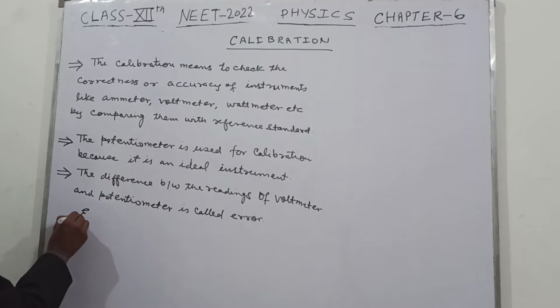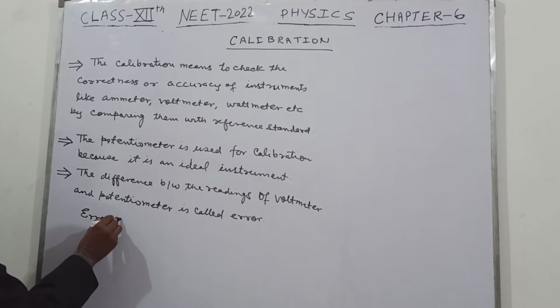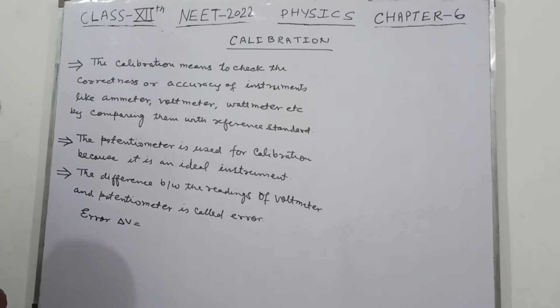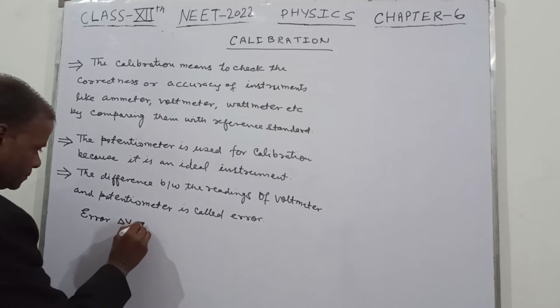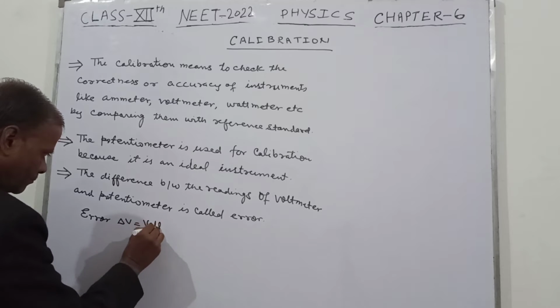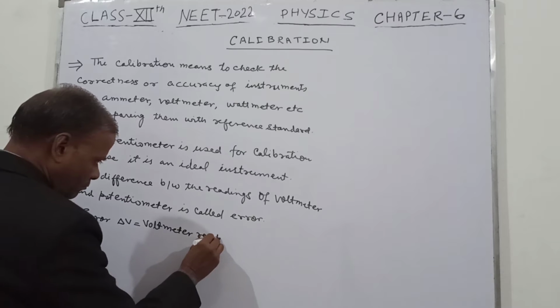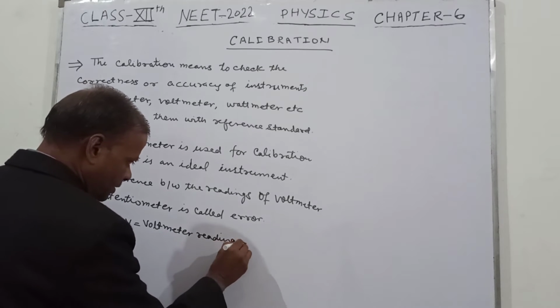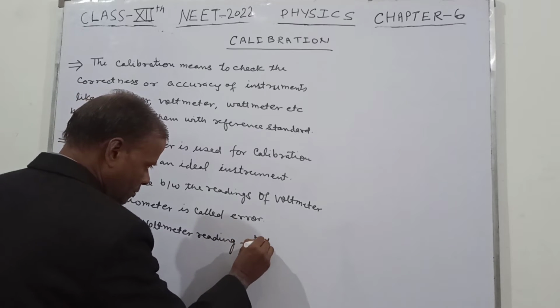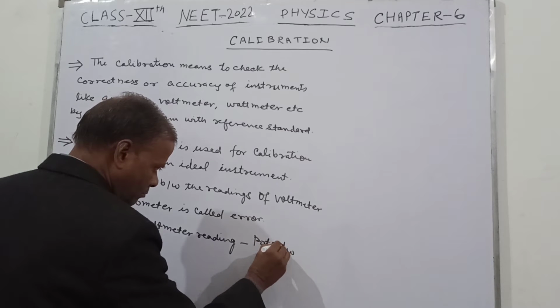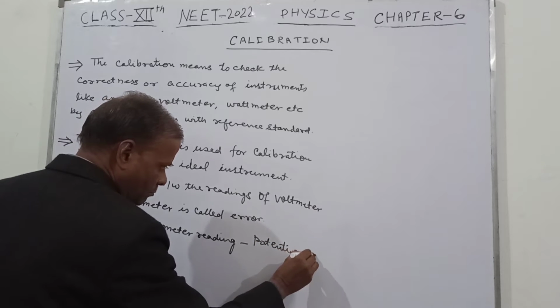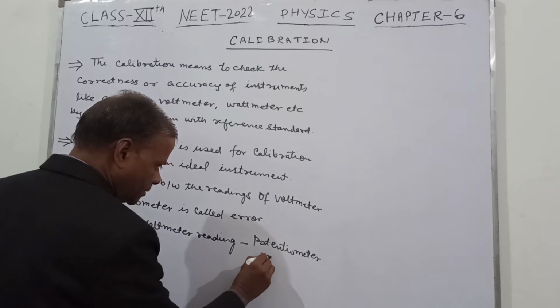So error delta V is equal to voltmeter reading minus potentiometer reading.